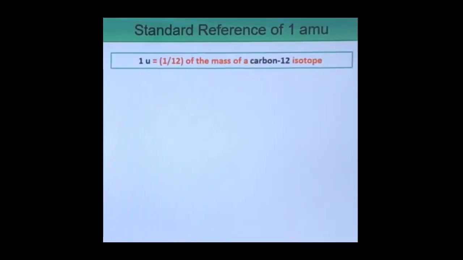You know that the value of 1 U is equal to 1 by 12 of the mass of a carbon-12 isotope.